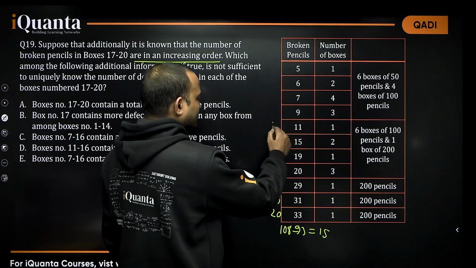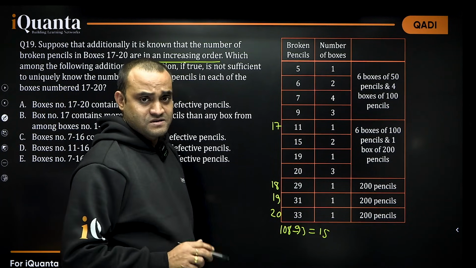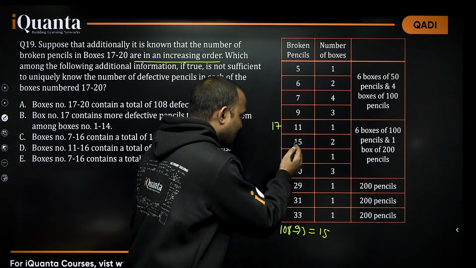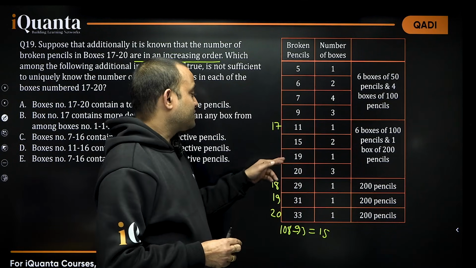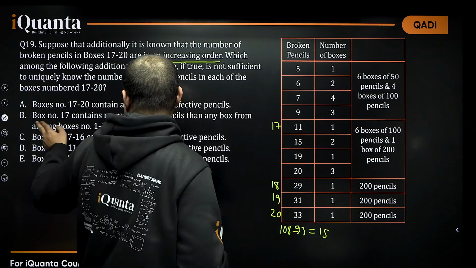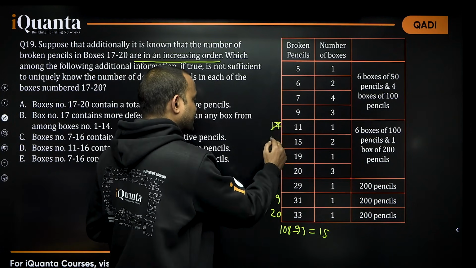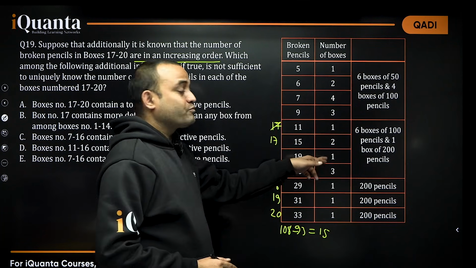If I take that number of broken pencils in box number 17 is 11, right, then still we will have 6 boxes out of the first 16 boxes which will have more than 11, right? So this information is not true.